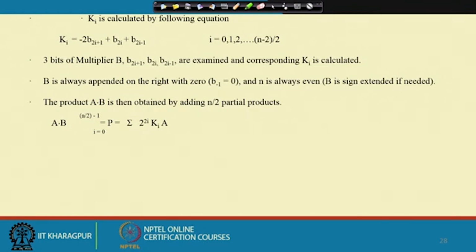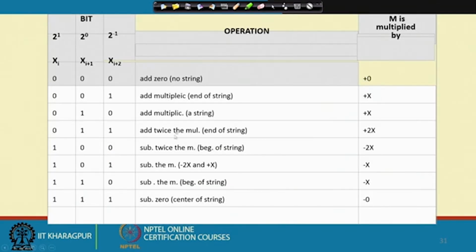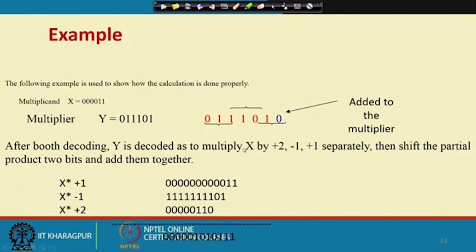Now, if we take one example of this, it will be much more clear to you. Suppose this is the multiplicand x and this is the multiplier y.